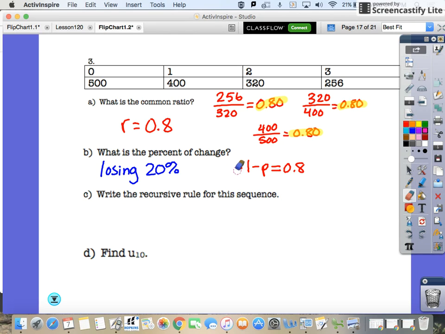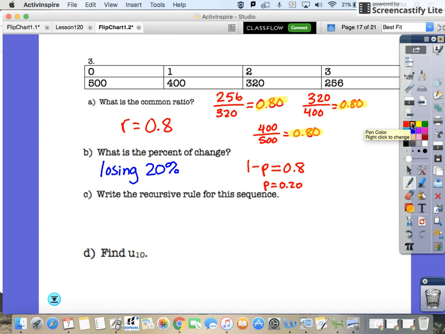If you work backwards and solve for P, you will find that P equals 0.20. That is the percent that you're losing, or the percent of change. I prefer to think of it like this, though: take 1 minus 0.8 and see what's left.